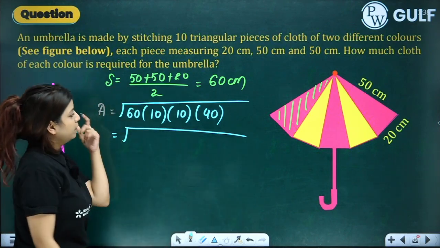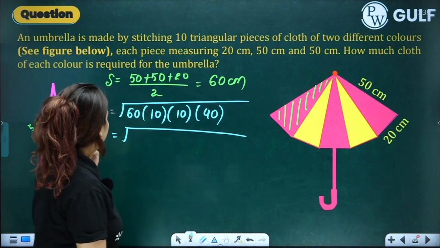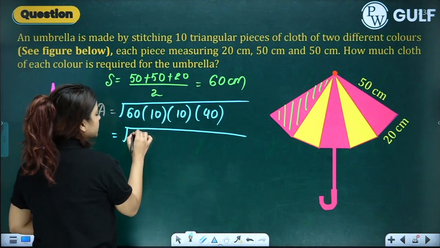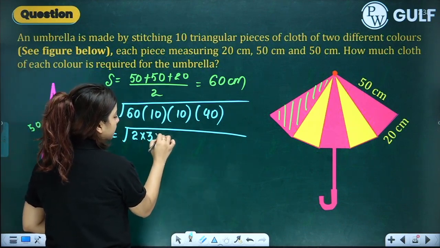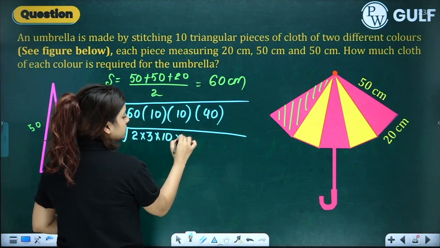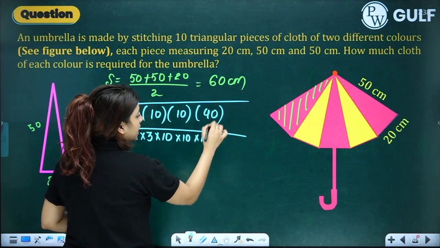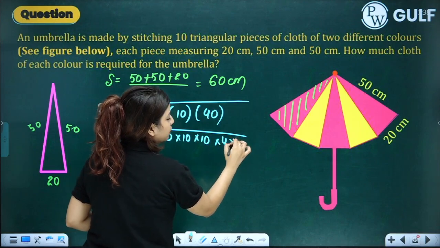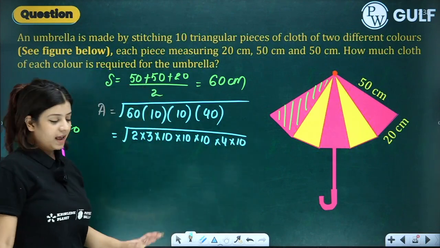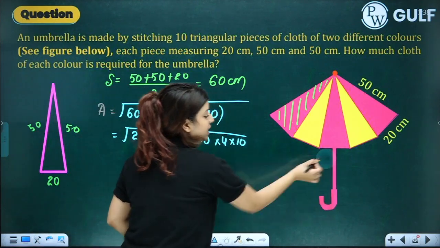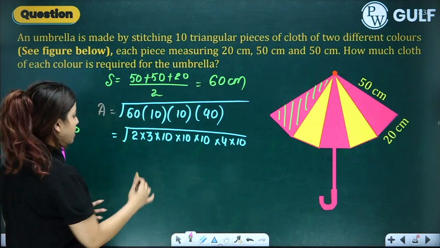Over here we can write 60 as 2 into 3 into 10, this is a 10, this is a 10, and this we can write as 4 into 10. Now out of these we have to make pairs.